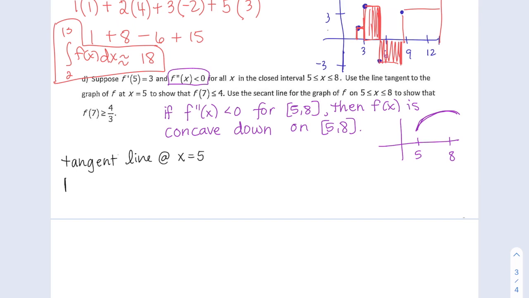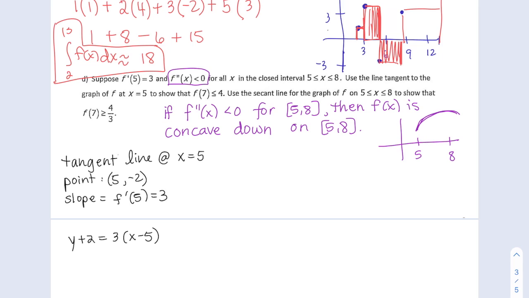Well, if our tangent line is at x equals 5, then the point would be the point (5, -2) from my chart at the top. The slope is the derivative of f at 5, which we were given in the question is 3. And so my tangent line, using point slope, is y plus 2 equals 3 times (x minus 5).